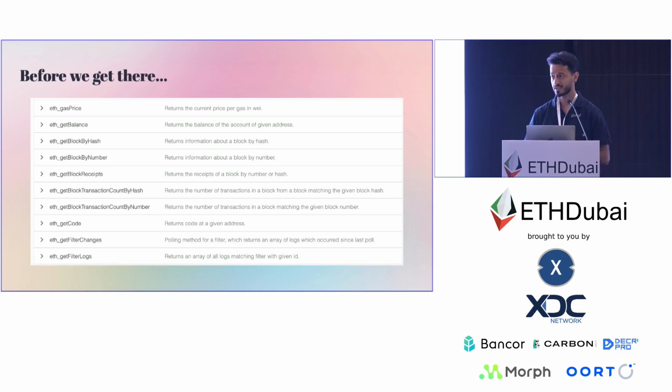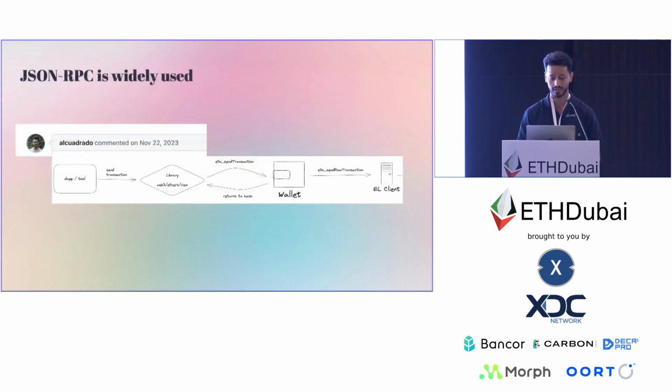And the JSON RPC API is great, despite the complaints. I think, in fact, it's so good that it's used in almost every layer of user interaction. So from the point that you're using a dApp, this dApp relies on a Web3 library like Ethers or Viem.